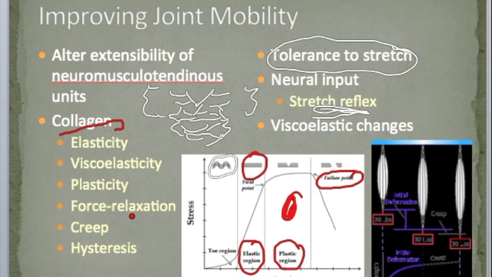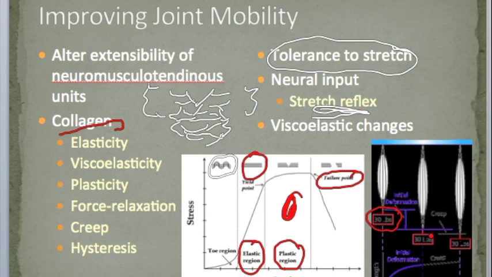Force relaxation and creep sort of go together. This over here is an example of creep. I'm having a hard time seeing what the force was here, but I believe this says 30 pounds. So there's 30 pounds of force put onto this muscle. First it's going to stretch through its elastic region and hang out there.